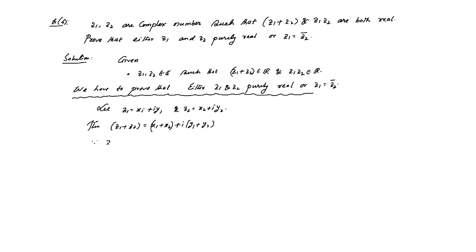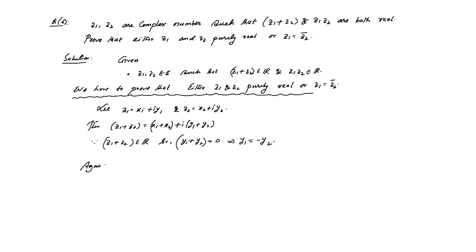Since it is given that Z1 plus Z2 is real, the imaginary part will be 0. So Y1 plus Y2 will be 0, and we can write Y1 equals minus Y2.